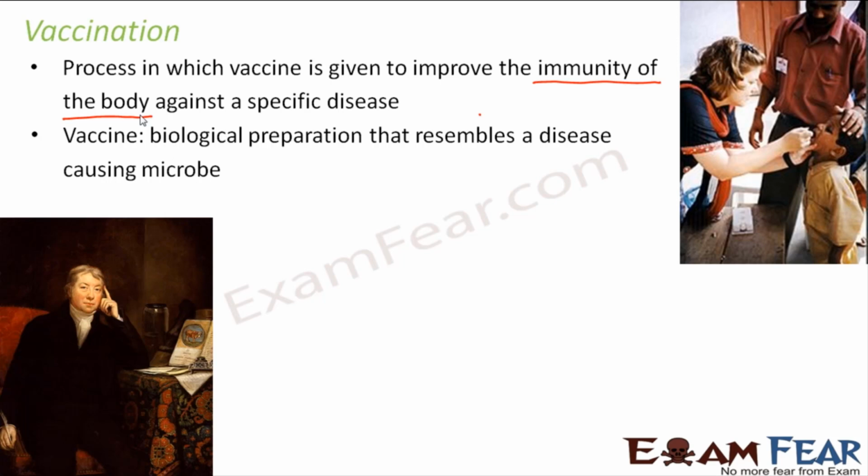But at the same time, the immune system recognizes that microbe. So the next time it attacks the body again, the immune system now knows that this microbe can cause this. So it knows the opponent's strength. So now the immune system attacks with greater strength, and as a result the immune system wins. So did you understand it? Let us suppose there is a fight between you and your enemy.